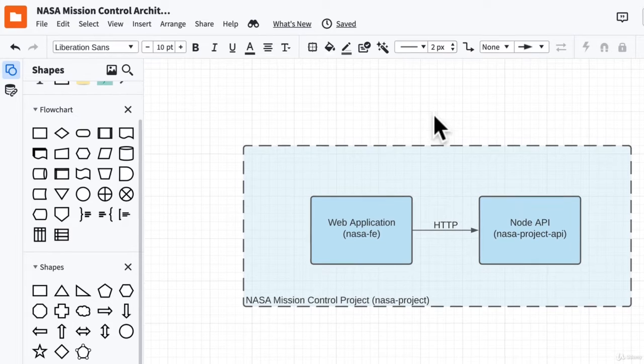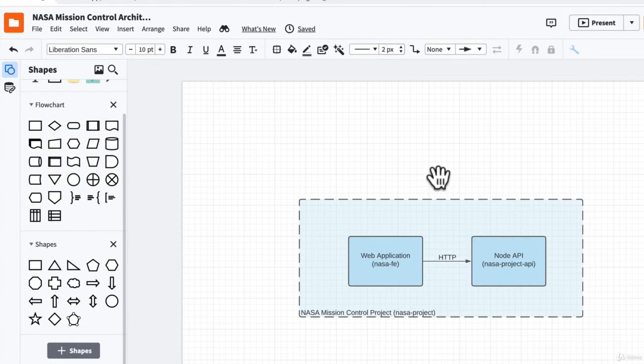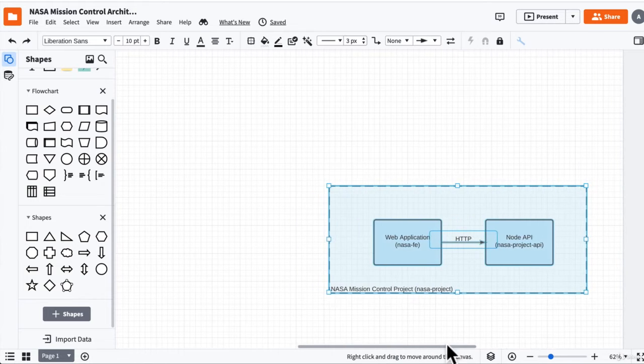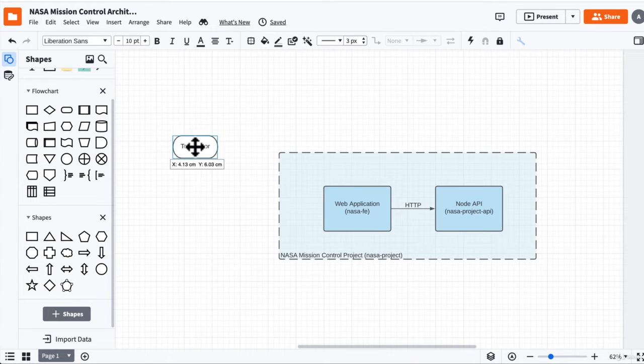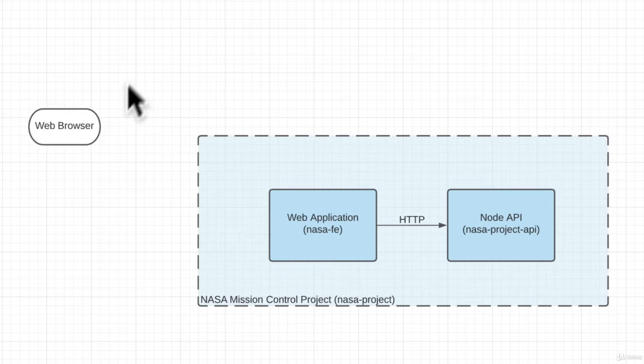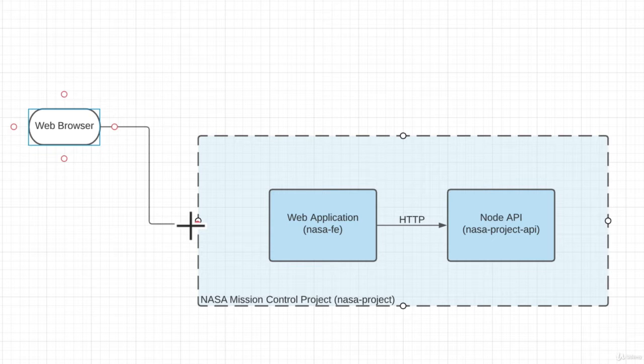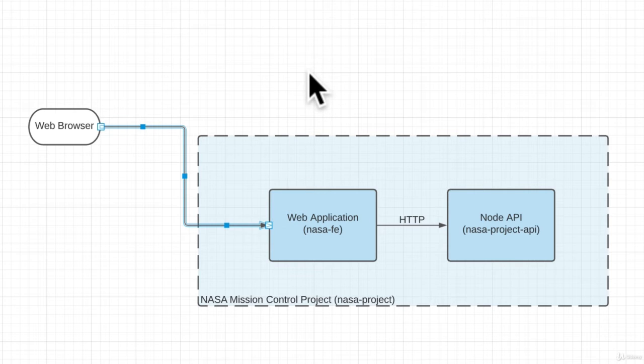Now I'll zoom out a little bit so we can add some extra components to our diagram here. So actually I'll move all of these components over. And we're going to add the web browser as a component in our architecture. This is what interacts with our NASA project and specifically talks directly to our web application to get the HTML along with our React code, which makes requests to our Node API.